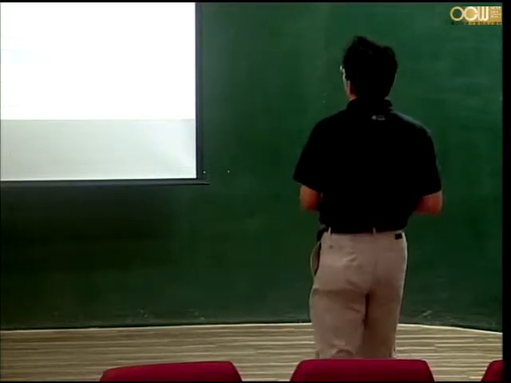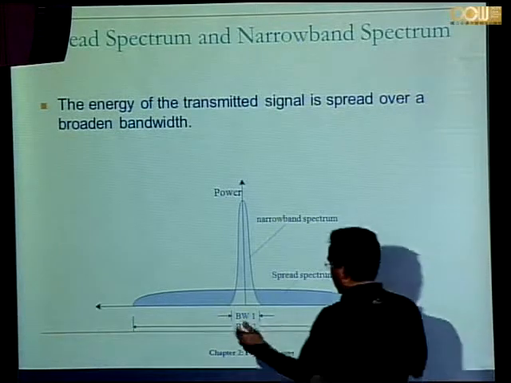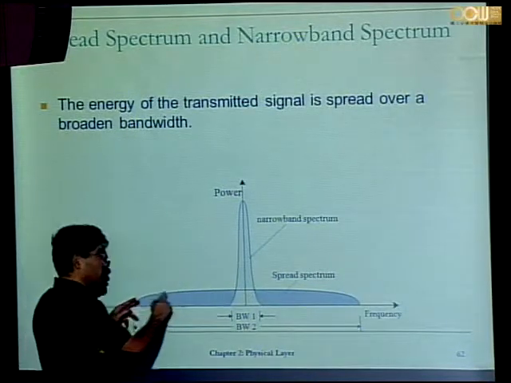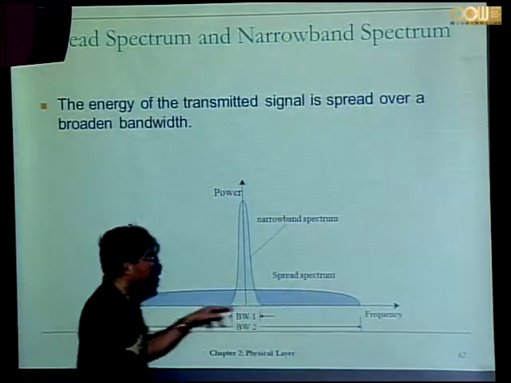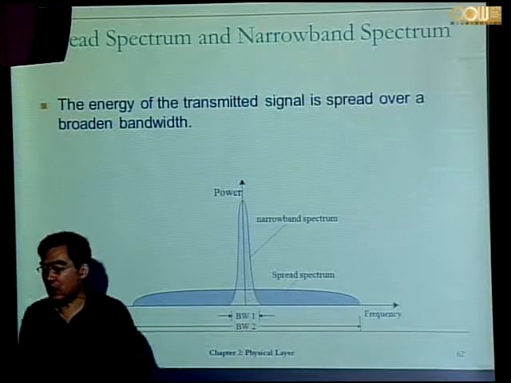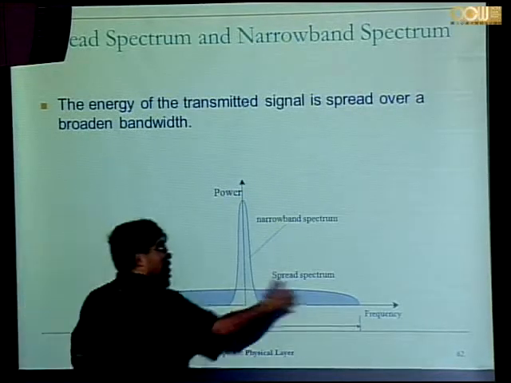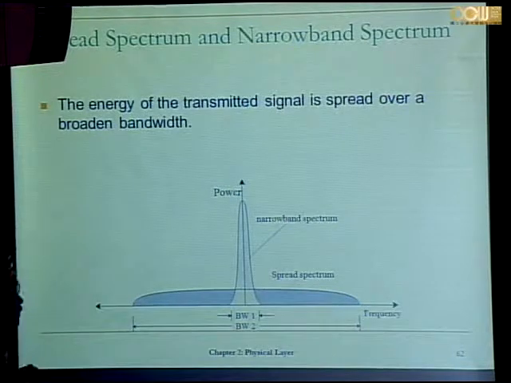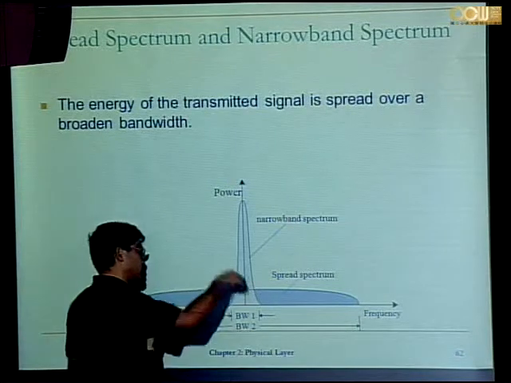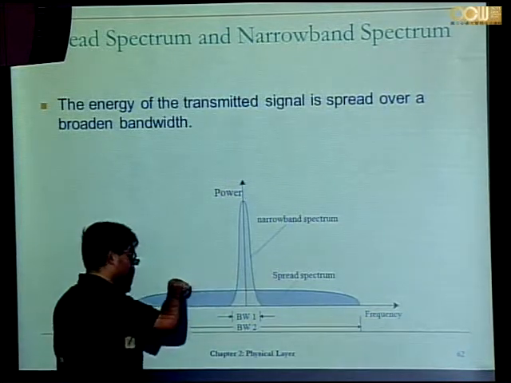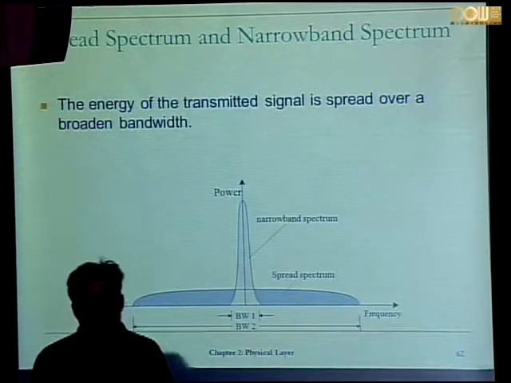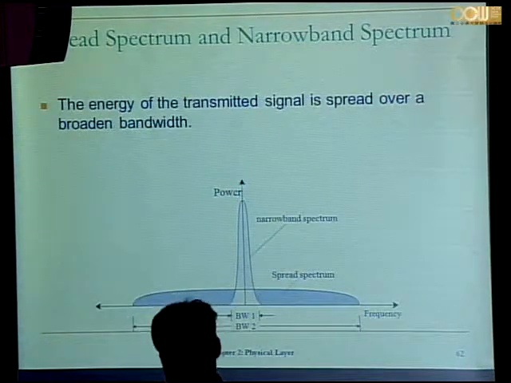However, if you spread your energy over a wider spectrum, say like this, the energy is the same. If you do integration, the size of the area will be the same as the size of this area. However, you spread into a wider spectrum. It's called spread spectrum. Then the advantage is that if interference or noise hits right here or right here, it would only destroy a part of your signal, not the entire signal.